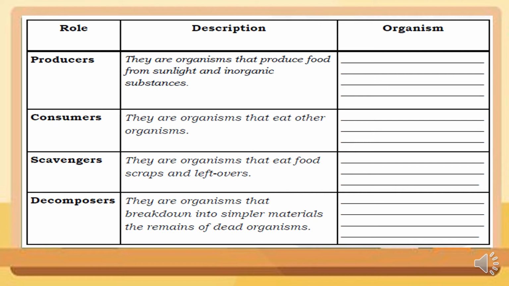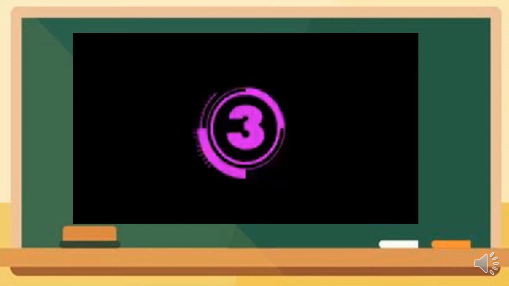They are organisms that eat food scraps and leftovers. And the last one, we have decomposers. They are organisms that break down into simpler materials the remains of dead organisms. Again, I will give you time to answer this learning task.